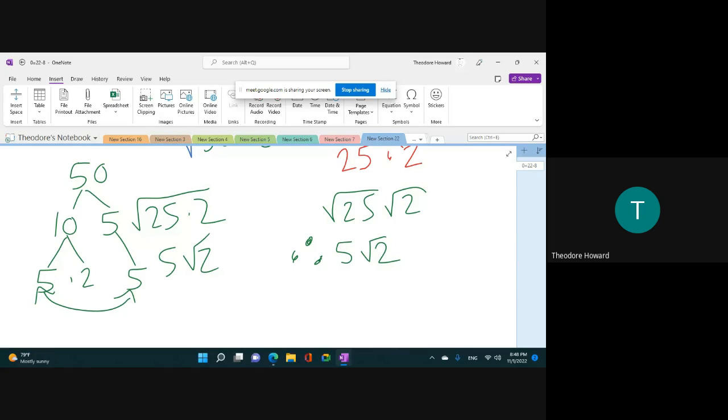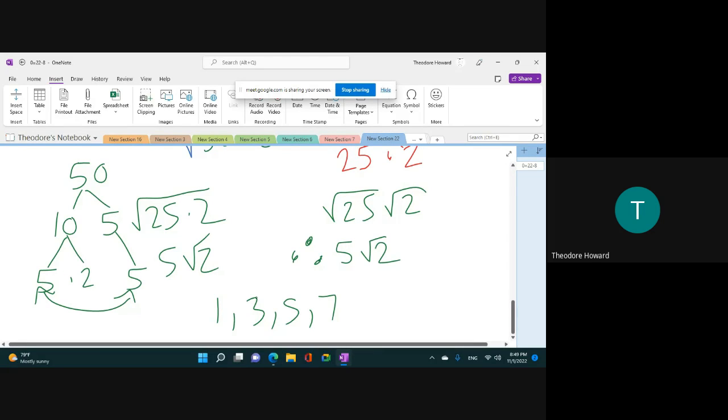But you can do that if you choose to, you just have to break it down to prime numbers. What are prime numbers again? 1, 3, 5, 7. Remember, prime numbers only have two factors, one and itself. 3 times 1, that's it.